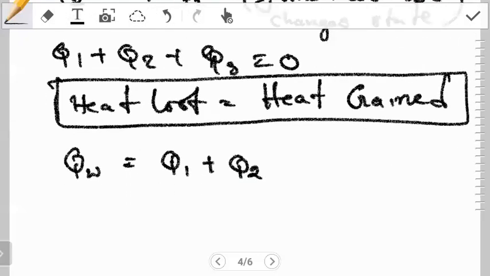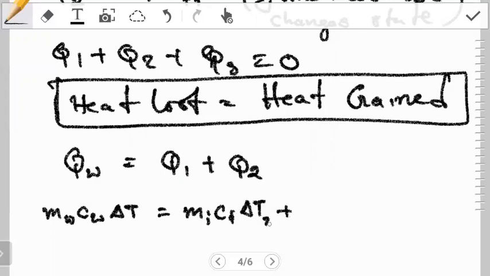So from here, we have the mass of water, specific capacity of water, the change in temperature for water, equal to the mass of ice, specific capacity of ice, the change in temperature, plus, this now was during change of state, L fusion of ice.